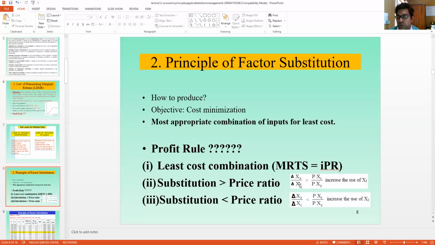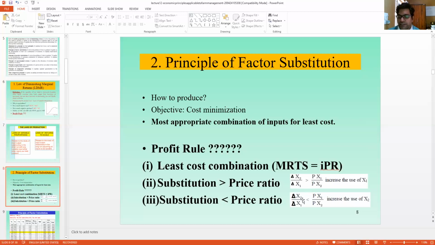What can the farmer do? He has to decrease the value in x2. If the additional change in x2 is 20, the farmer has to keep on adding x1 so that the value in the numerator decreases and the value in the denominator increases. Only then will MRTS be equal to the price ratio.